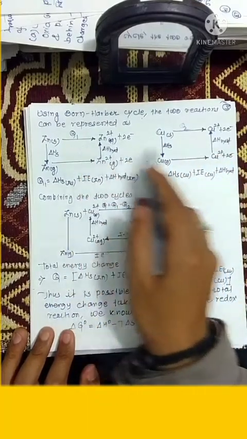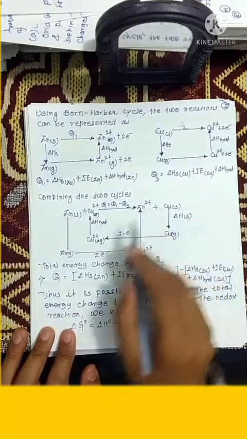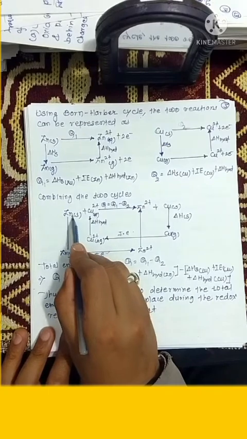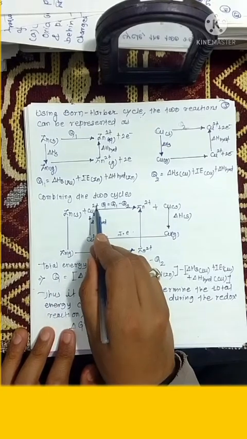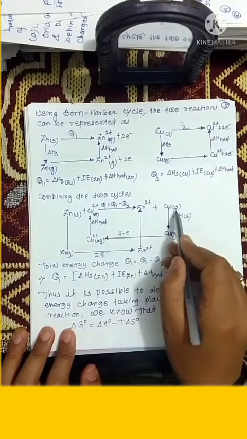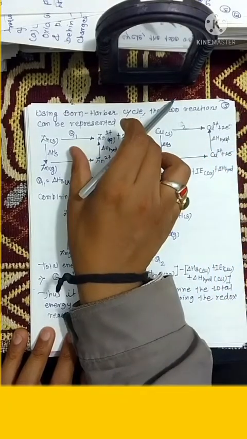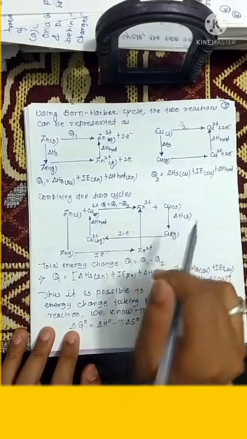Now we can combine these two cycles like this. In one reaction, zinc solid plus copper 2+ gives you zinc 2+ and copper solid. So both the two reactions are combined in this case.